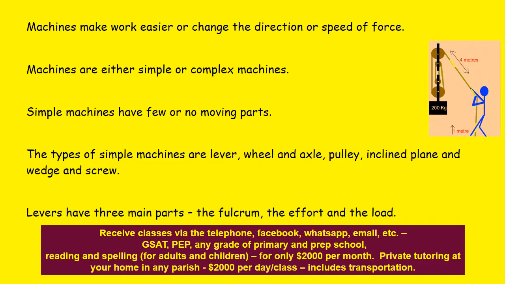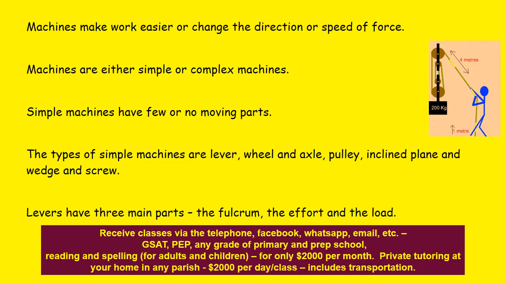Okay, let me read it now. Machines make work easier or change the direction or speed of force. Machines are either simple or complex machines. Simple machines have a few or no moving parts.